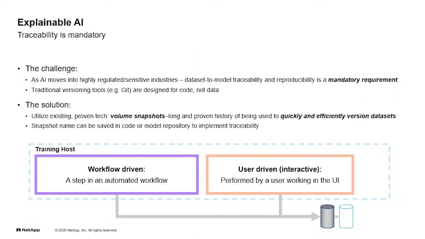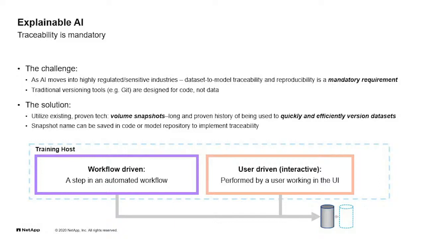Therefore, to achieve explainable AI, we have the solution utilizing existing, proven NetApp snapshot volumes that can quickly and efficiently version your dataset as well as your code. So when a regulator knocks on your door, you can quickly provide what dataset and what model were trained together. And snapshot names can be saved in code or a model repository to implement such traceability.